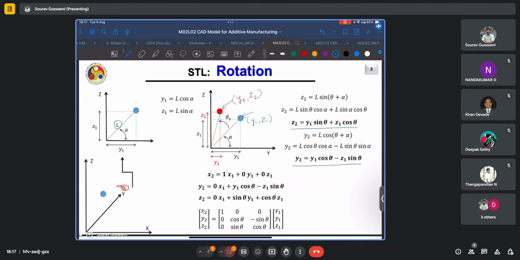And once you rearrange them, it is easier to make out the matrix form of this transformation. So the coordinates of the new point x2, y2, z2 after a pure rotation by angle theta about the x-axis may be obtained by pre-multiplying the existing coordinates x1, y1, z1 with this multiplication matrix that in this case is referred to as R theta x, and which is simply 1 0 0, 0 cos theta minus sin theta, and 0 sin theta cos theta.